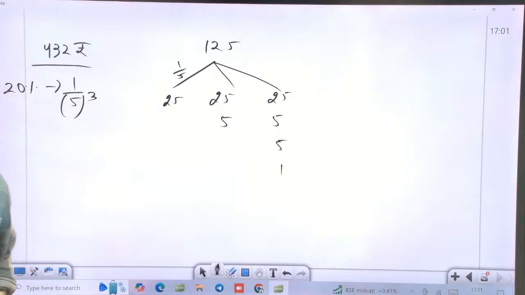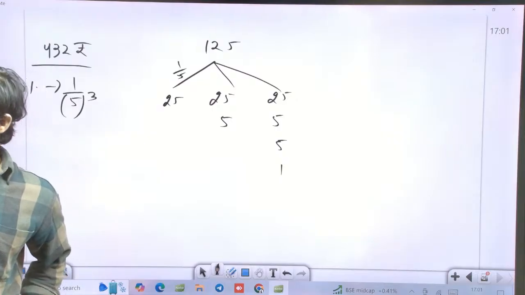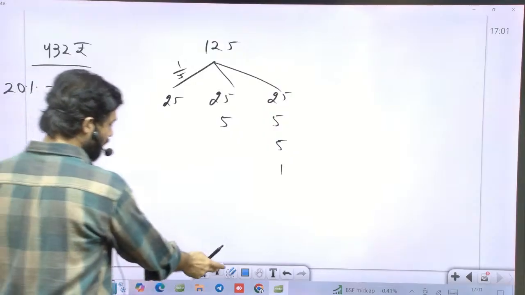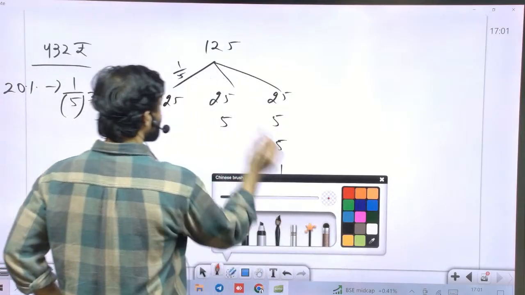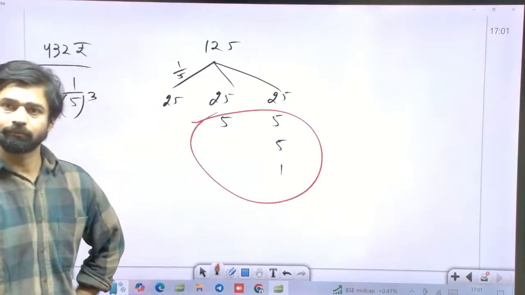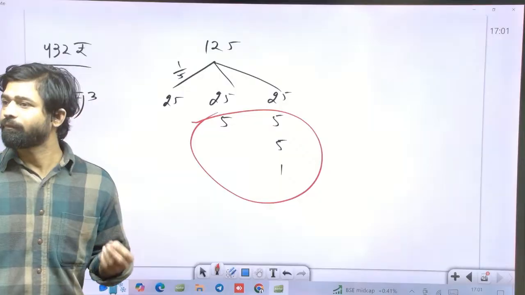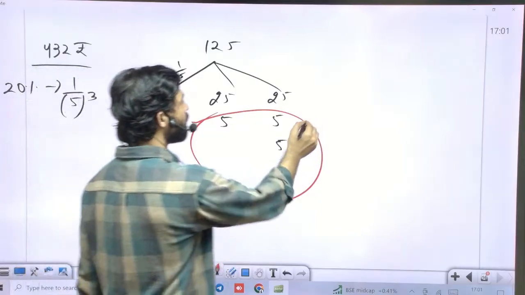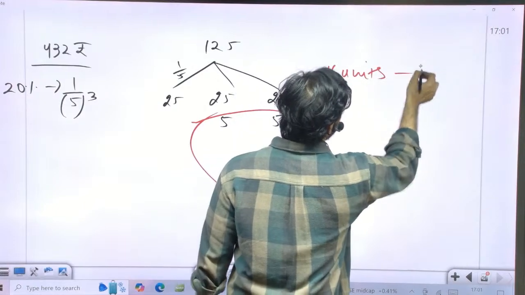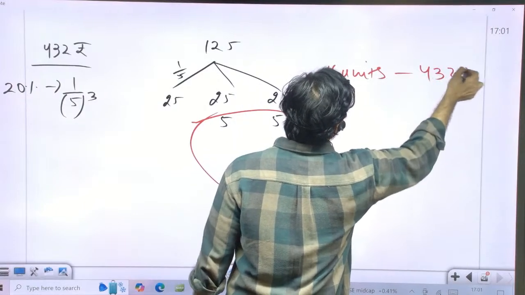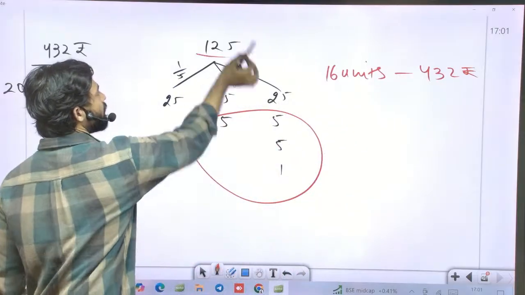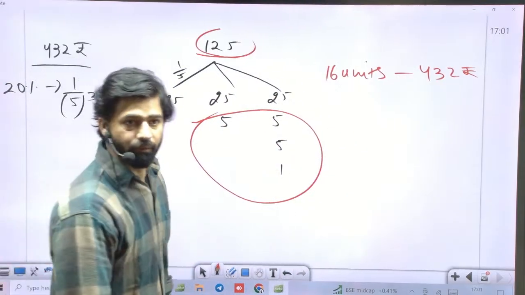Now the difference between CI and SI for 3 years is given, that is 432 rupees. According to this chart, it is how many units? 5 into 3 is 15 plus 1, that is 16. So the value of 16 units is 432 rupees. To find the principal, we need the value of 125 units.